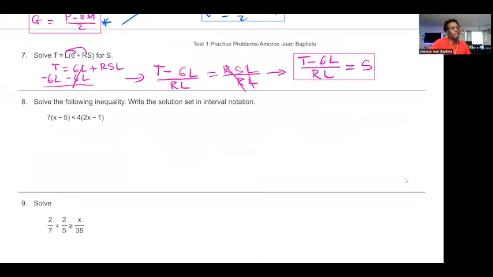Inequality. How do we solve inequality? Well, basically, they're gonna tell you how to present your solution, but I always want the graph of the solution. So basically, on the test, on the homework, they're gonna say, solve and write your solution using interval notation.